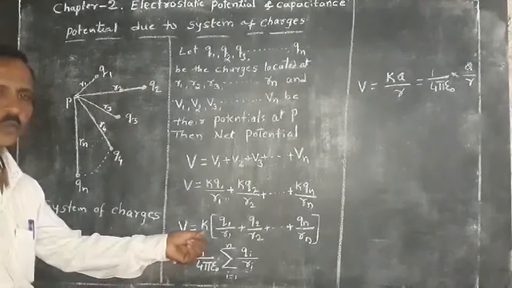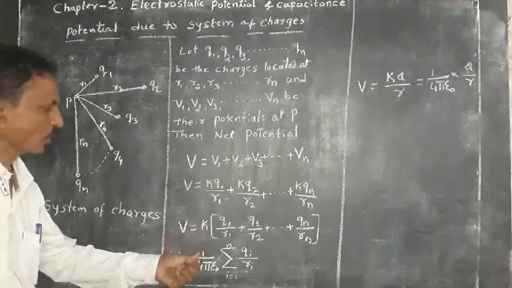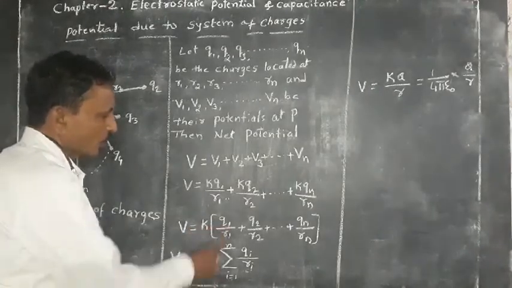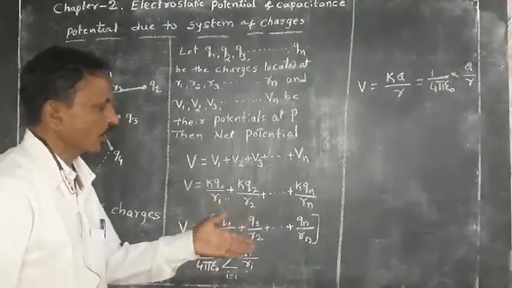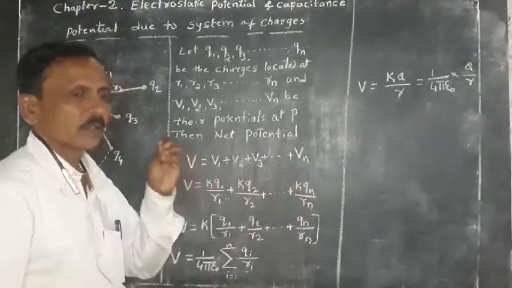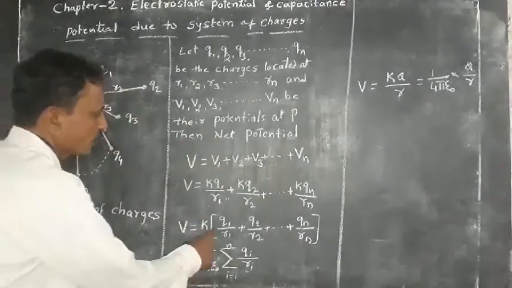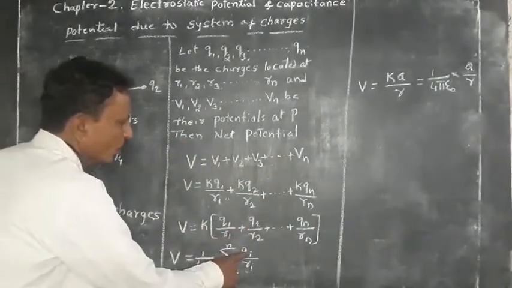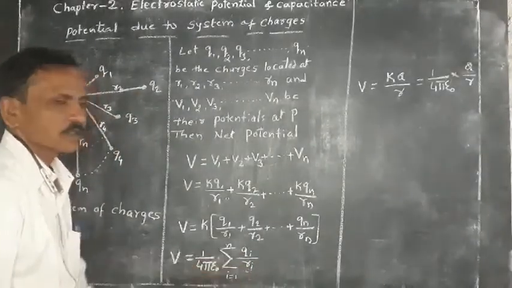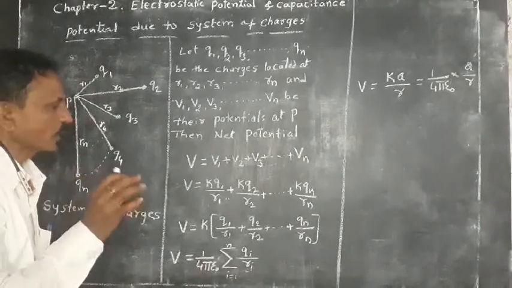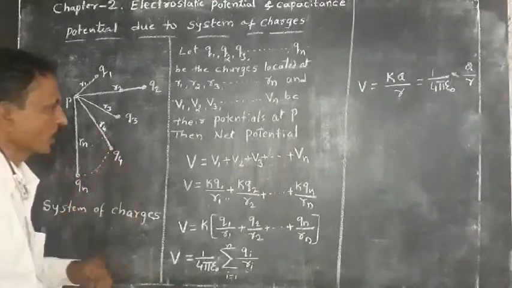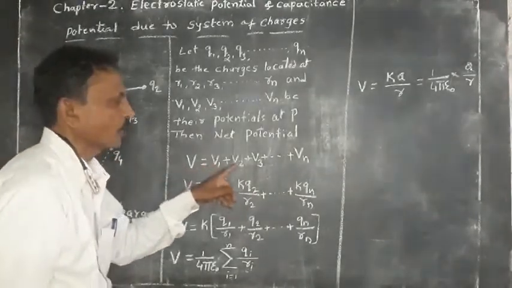Here K is Coulomb's constant and it is equal to 1 upon 4 pi epsilon naught, and the ratios Q1 by R1 plus Q2 by R2 plus Q3 by R3 plus so on up to Qn by Rn can be written as the summation of Qi upon Ri, where i represents the ith charge. If a system consists of two charges, then Phi equal to Phi1 plus Phi2.